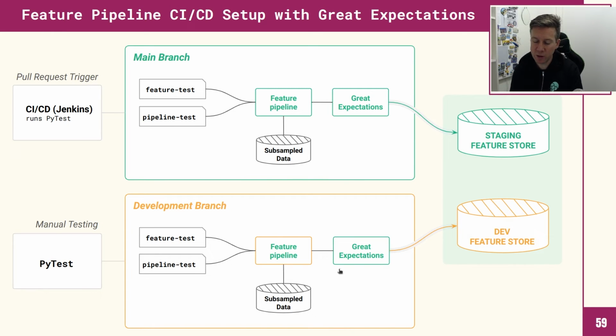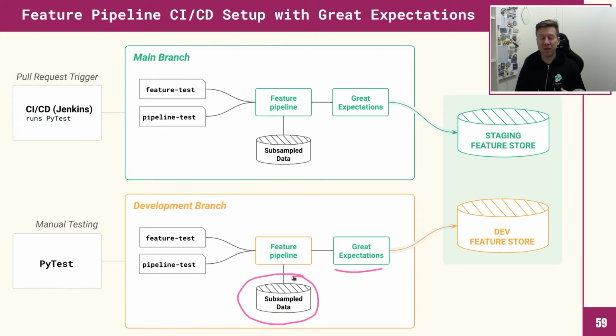Now, one of the challenges with Great Expectations rules is you can write them, but they run in production. So if you have a bug in your Great Expectations rule and it's running in production, it could be problematic. So you want to test your rules. You can test your rules basically by getting a subsample of the data that's representative of the data that your feature pipeline would process when it's creating the features.